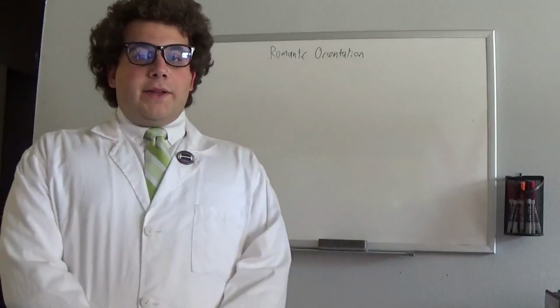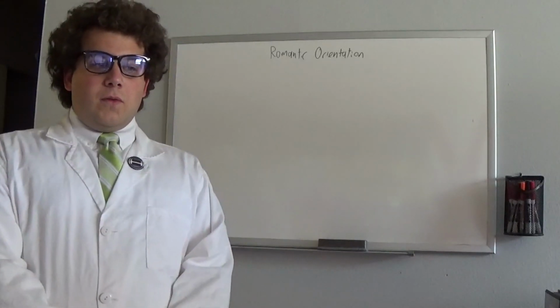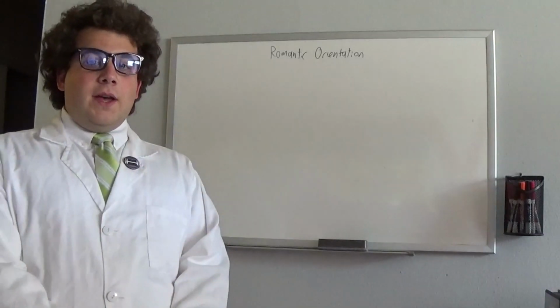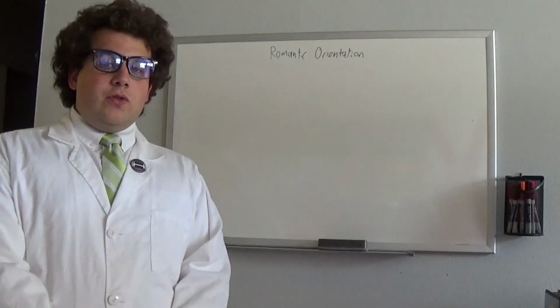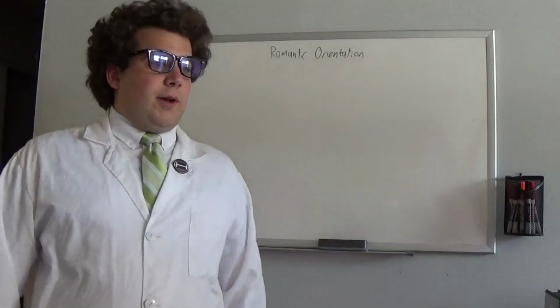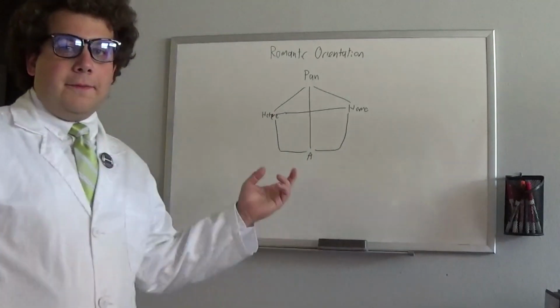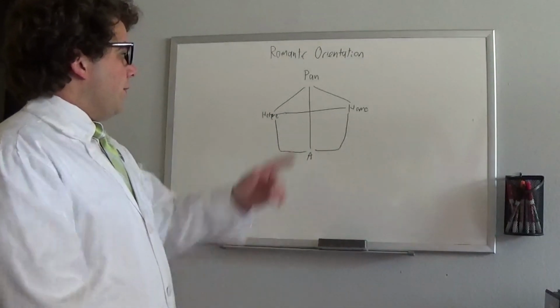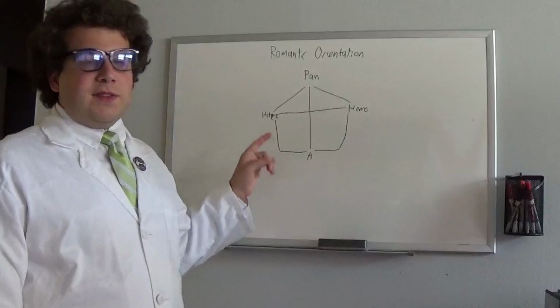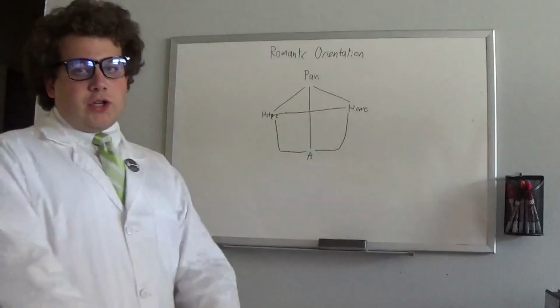So remember back in the first lecture when I talked about the sexual orientation grid? Well, I only wrote the prefixes because with that grid you can also have romantic orientations as well. So I'm going to draw that out real quick. It looks something like this, where you have pan and A on opposite ends and hetero and homo on the opposite ends as well, and it makes that house structure.